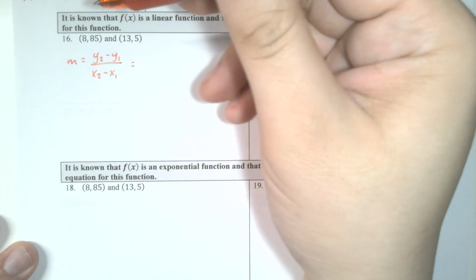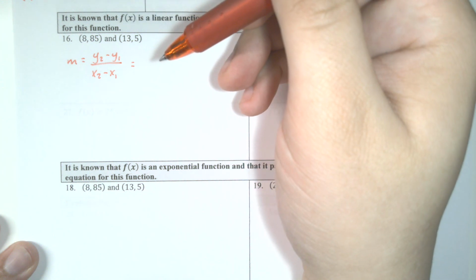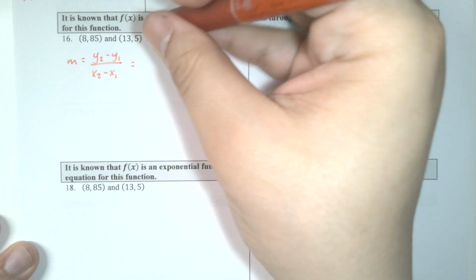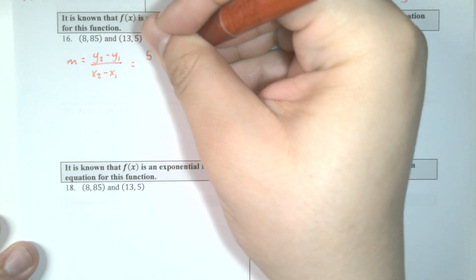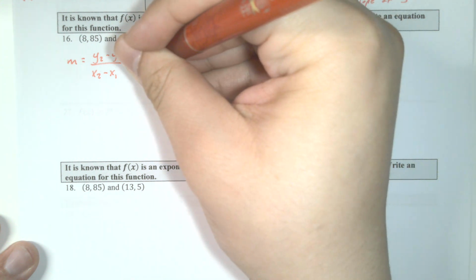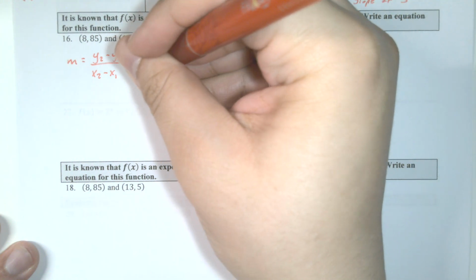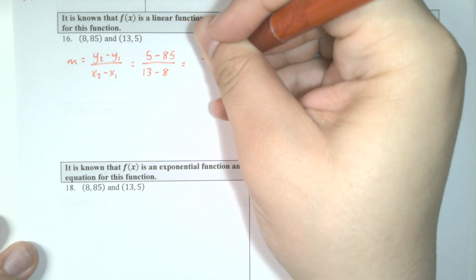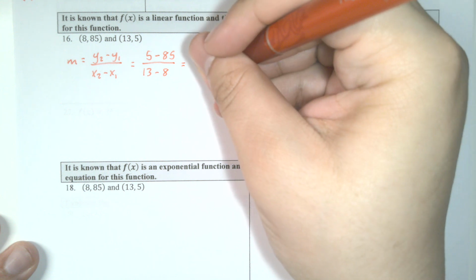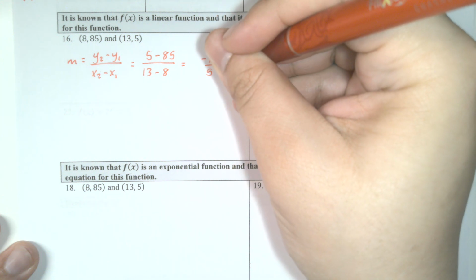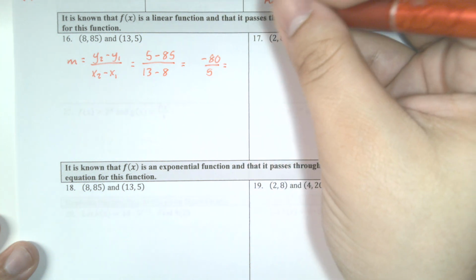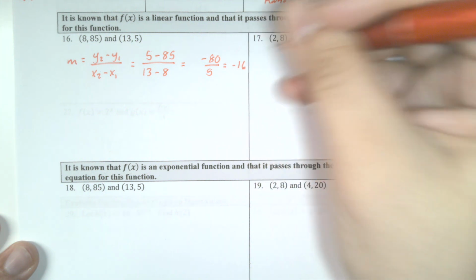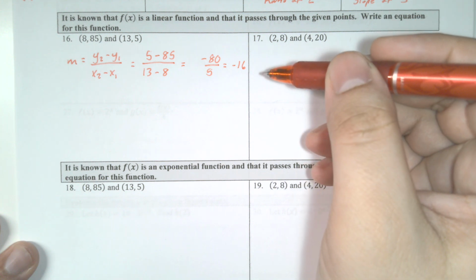So what we're going to do is we're going to have 5 minus 85 divided by 13 minus 8. That gives us negative 80 divided by 5, and negative 80 divided by 5 is going to be negative 16. So our slope is negative 16.